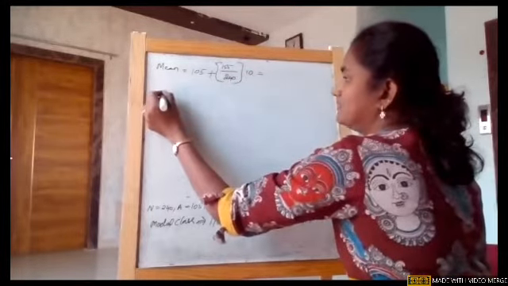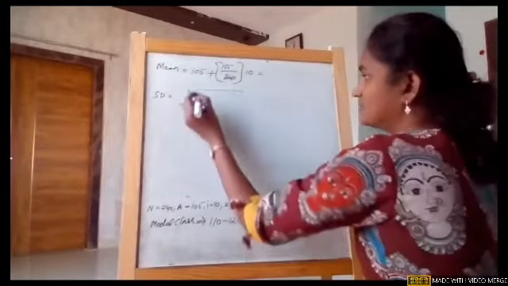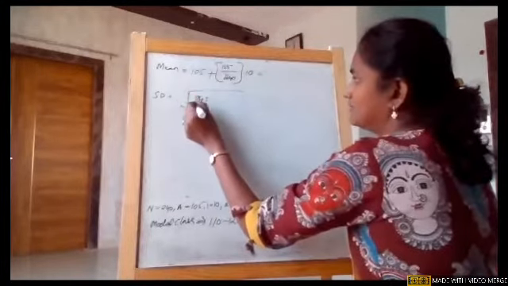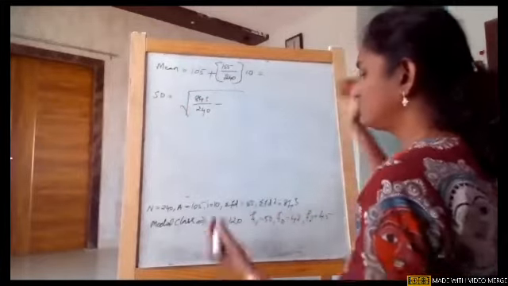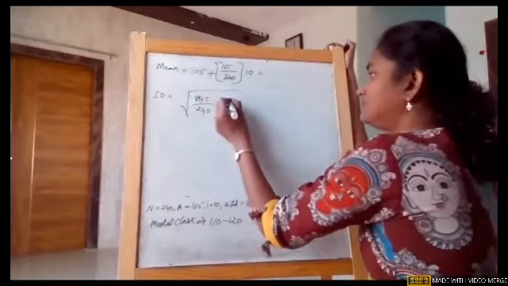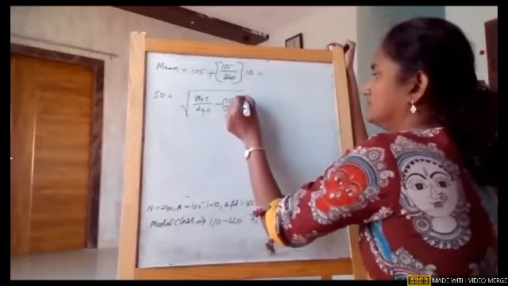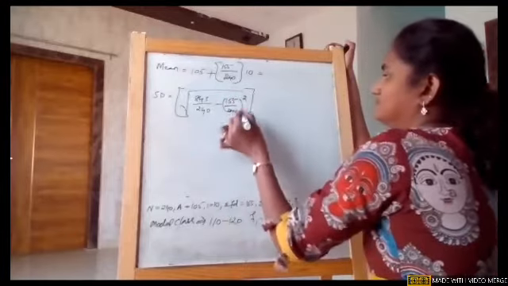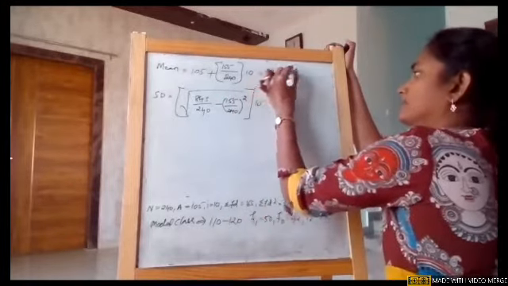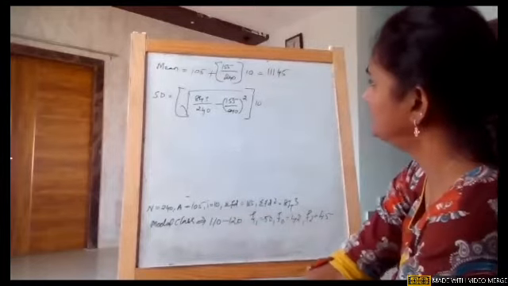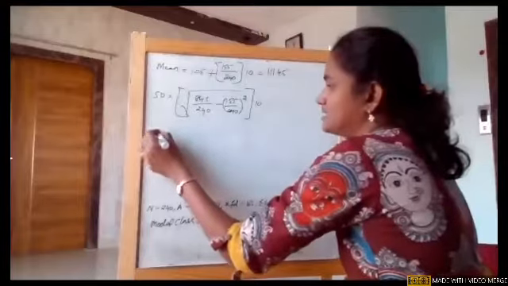Meanwhile, standard deviation is the under root of summation of FD square, which is 843, divided by 240, minus summation of FD, 155 divided by 240, whole square. Ma'am, mean is 111.45, ma'am. Okay, 111.45. So similarly, again calculate standard deviation.